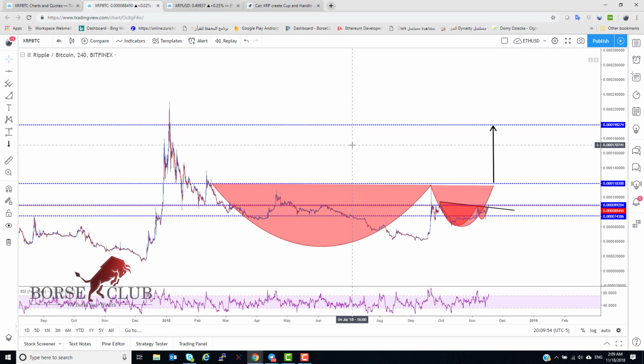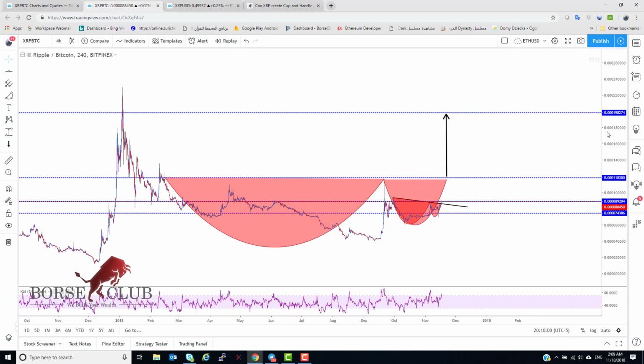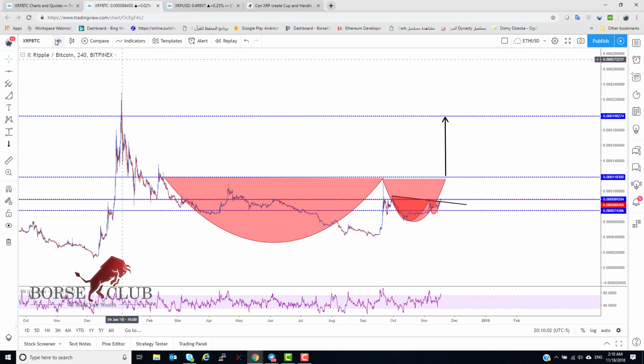So this is regarding the Bitcoin. If you are going to invest in Rebel, at the beginning you have like 200% from this area to this area, which is a good investment.